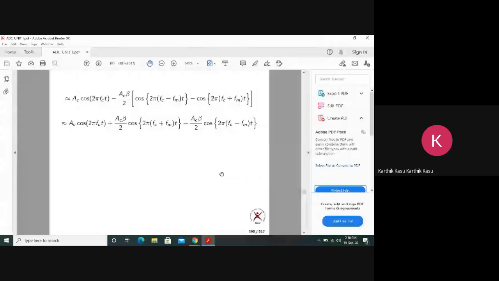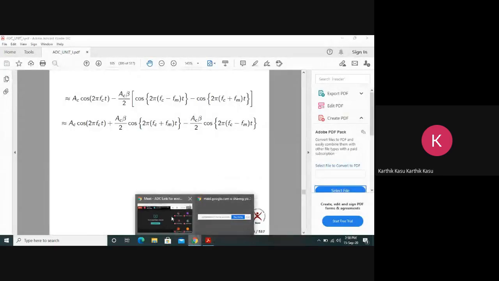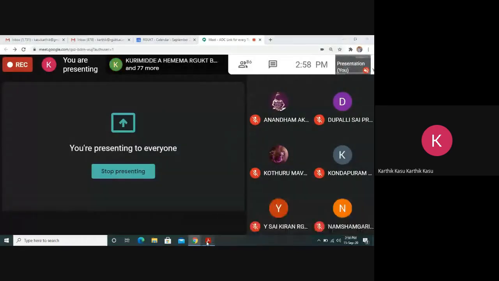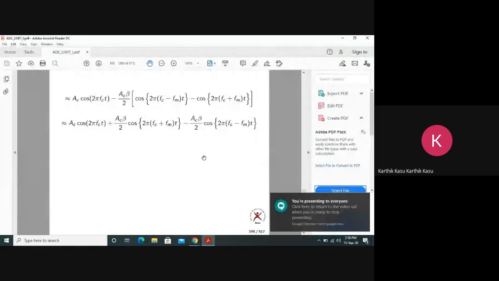AM equation. What is the equation? I'm asking. This equation is similar to one thing that we have studied already. What is that?